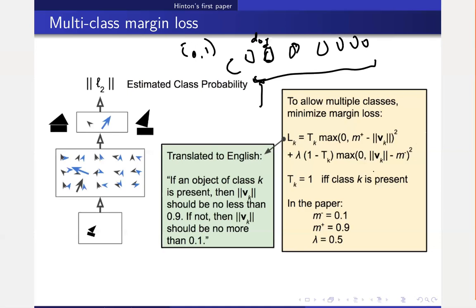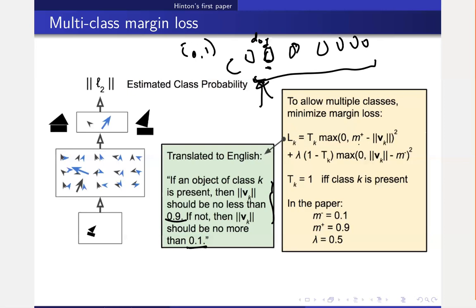What it does is make sure that if the ground truth is indeed a dog, the dog capsule will have a magnitude of at least 0.9, and the rest of the capsules will have no more than 0.1.